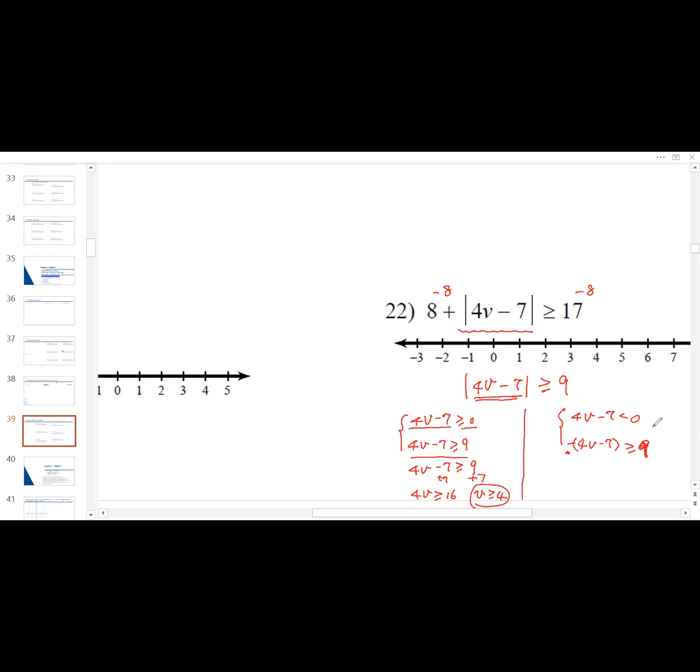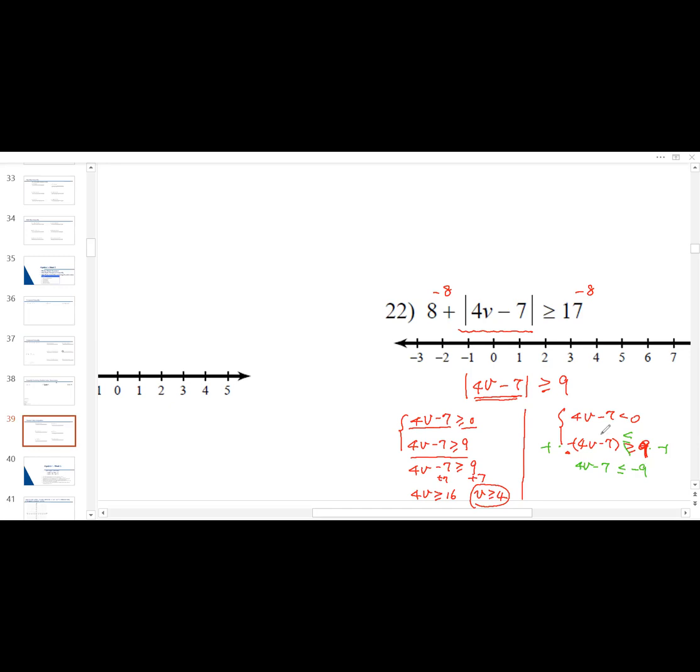For the right part, we do a proper change first. So move this one to the right. Both sides times -1, and the alligator mouth changes, right? So it became 4v minus 7 less than or equal to -9. So 4v minus 7 is less than 0, and 4v minus 7 less than -9.